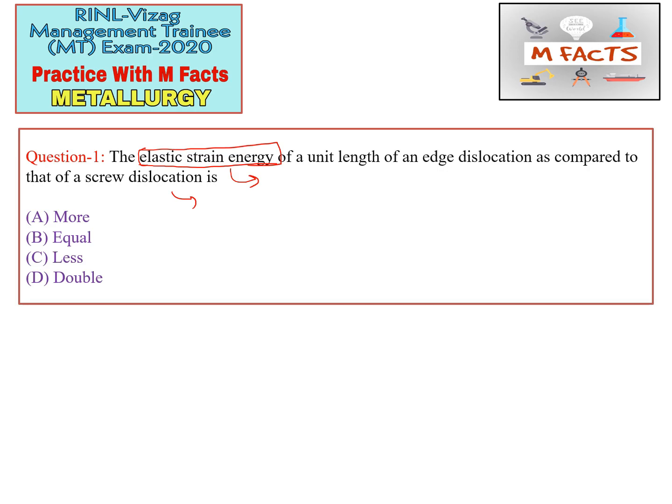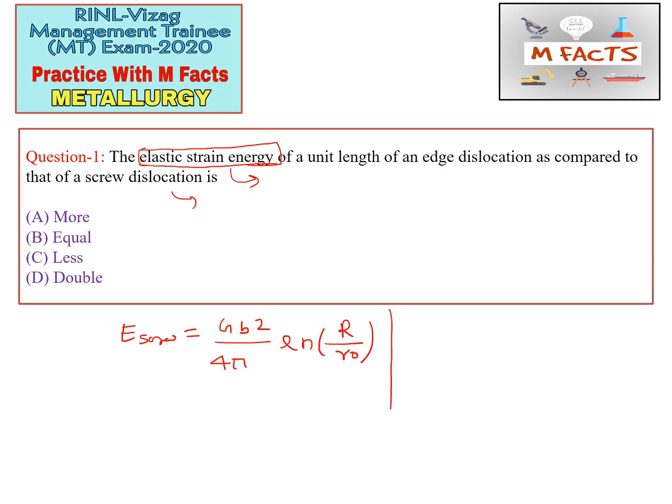Okay, so the elastic energy, we will write elastic energy per unit length. This is per unit length for screw dislocation, that is Gb square by 4 pi ln r by r naught.